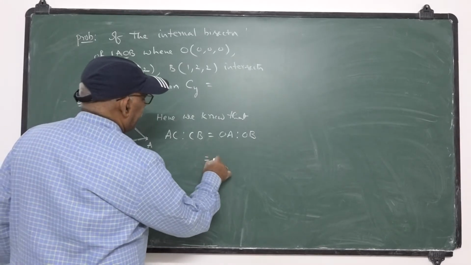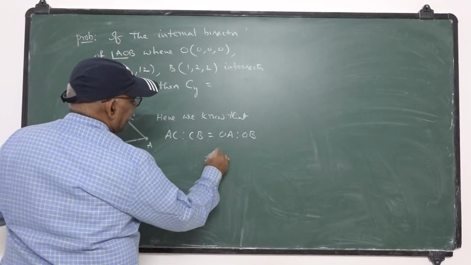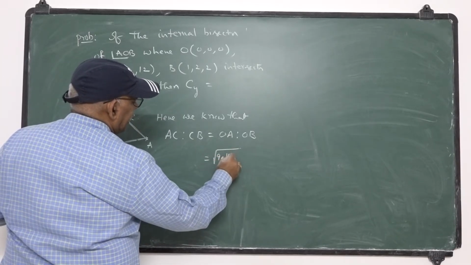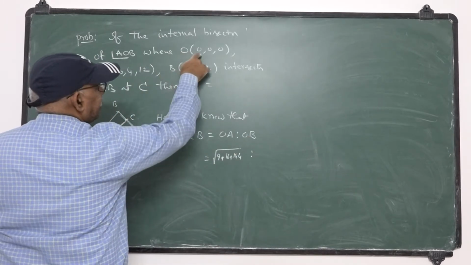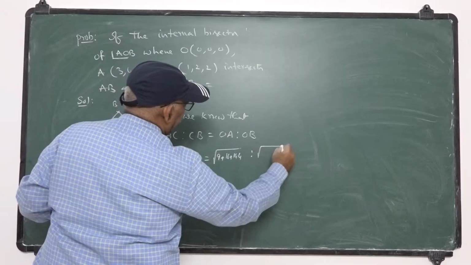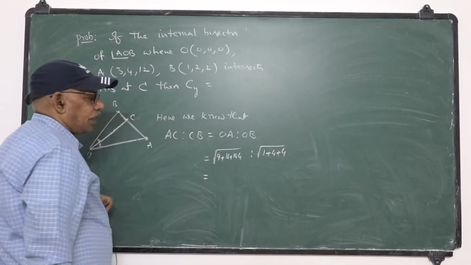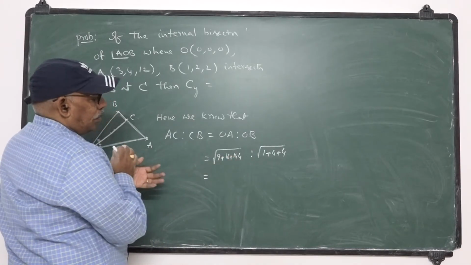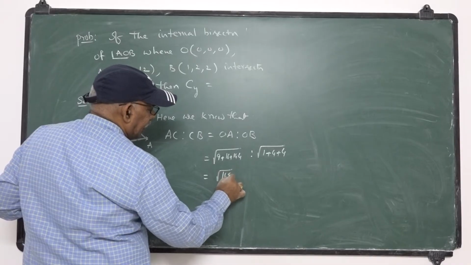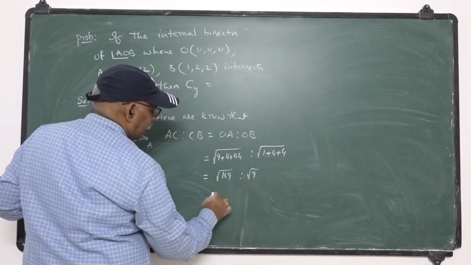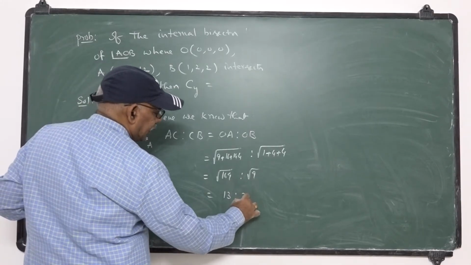OA is to OB. The distance between origin and this point is square root of 9 plus 16 plus 144, is to OB, the distance between O and B, square root of 1 plus 4 plus 4. This is root 169 is to root 9. Root 169 is 13 and root 9 is 3.